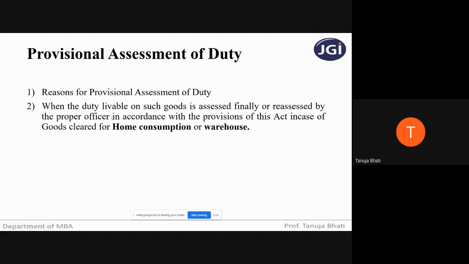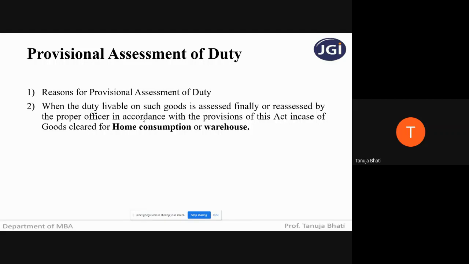So see students, in short, what I'm telling you is when provisional assessment of duty is done, first the importer or exporter will self-assess the duty, and if he is not able to, he has to pay a certain amount of duty roughly calculated by him. Later he leaves it up to the proper officer to recalculate the duty to see whether he has paid the correct duty or not. Suppose he has paid the correct duty as calculated by the proper officer, there is no need to pay anything or get a refund of anything.